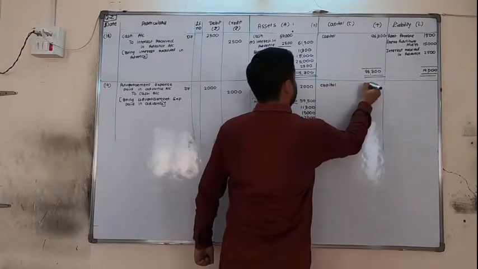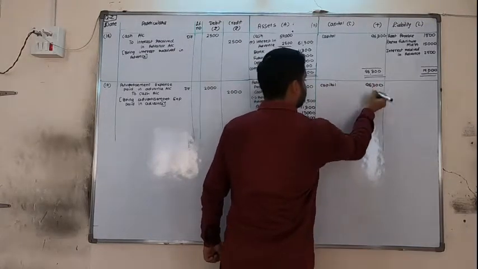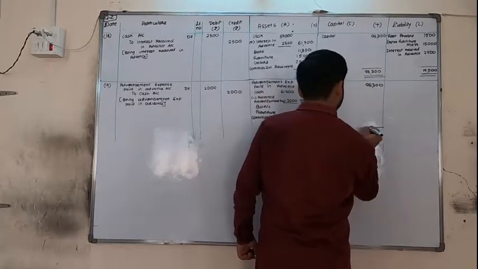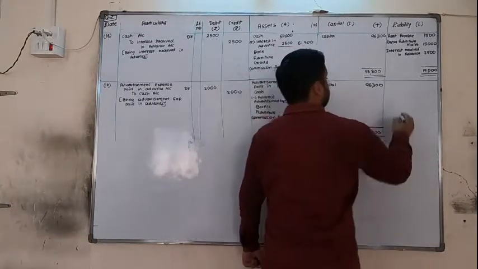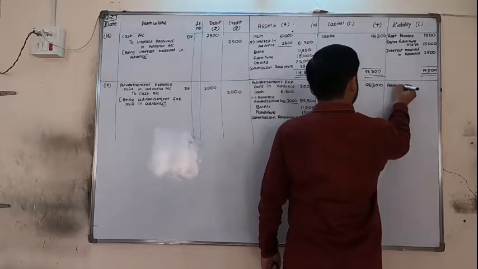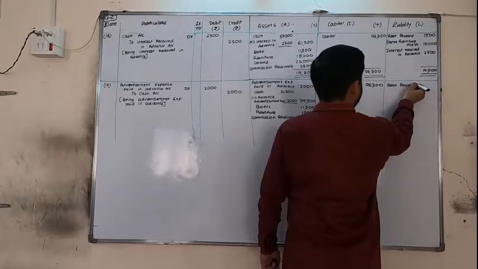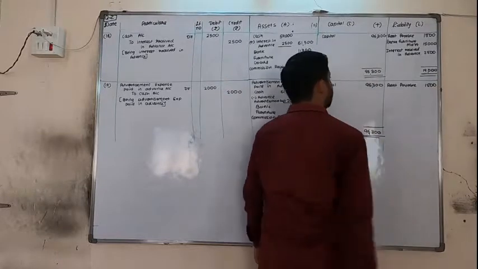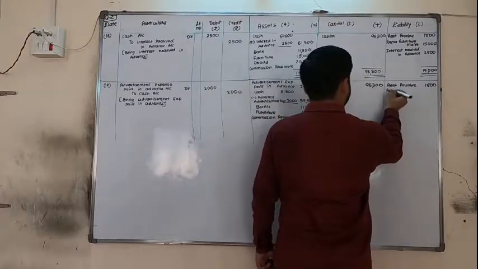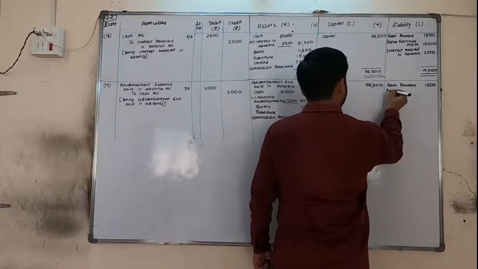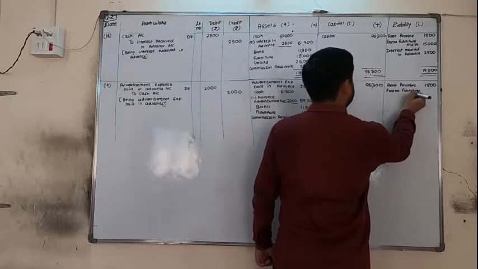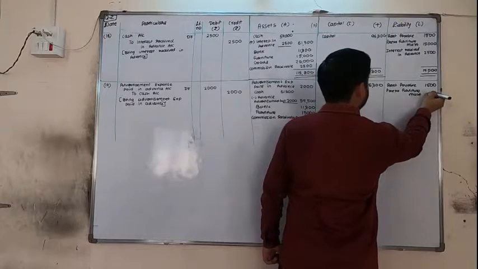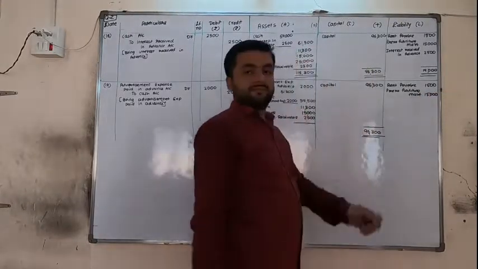Capital 96,300. Then rent payable 1,500. Preksha Furniture Mart 15,000.